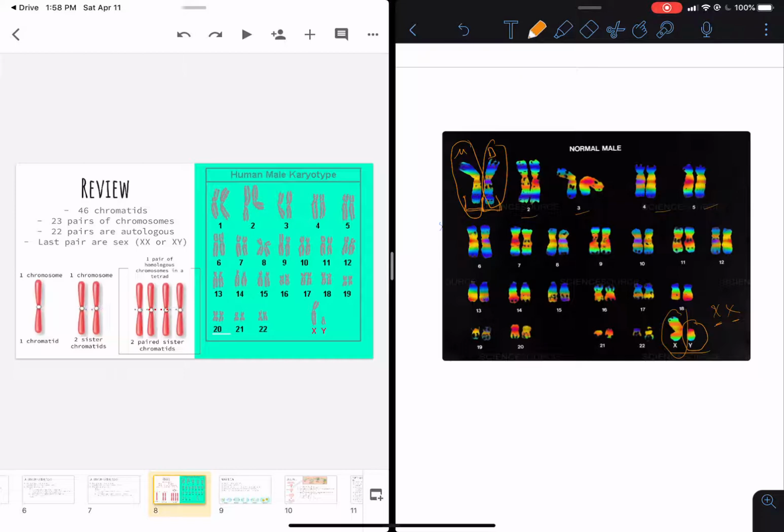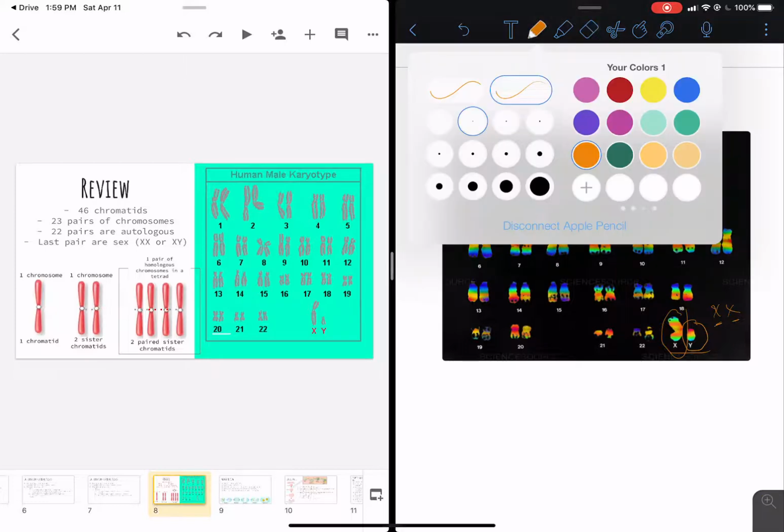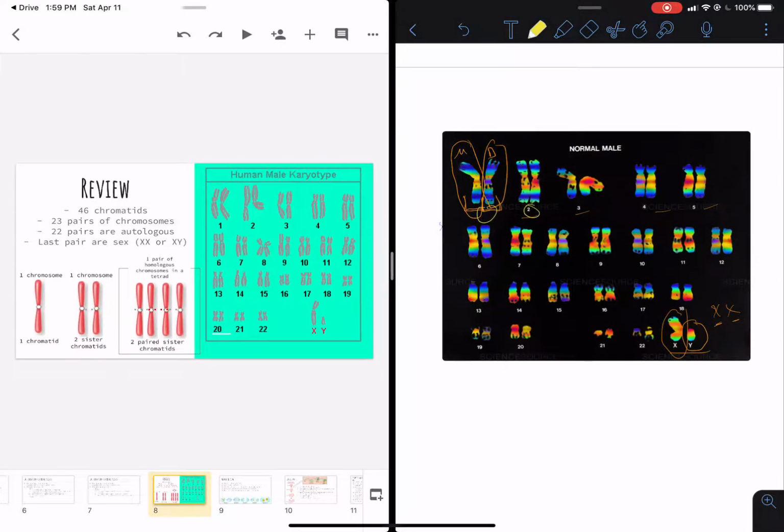Then we have one other term I want to mention. So all of these, let me go in yellow, all of these pairs, all the way down to 20, 21, and 22, all of these are autosomal chromosomes. What that means is that as humans, we all likely have very, very similar autosomal chromosomes.